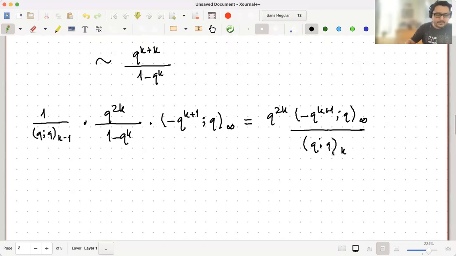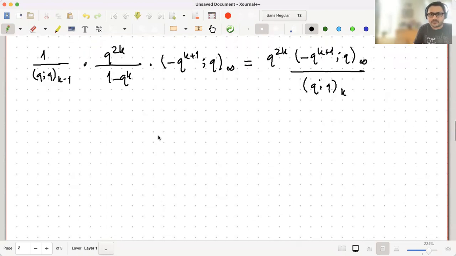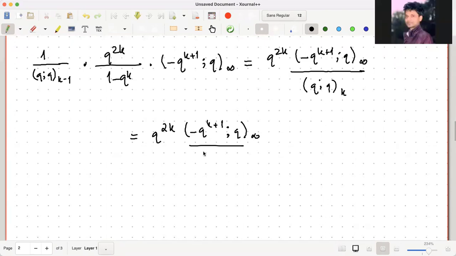q^(2k) (-q^(k+1); q)_infinity divided by (q; q)_k. And now I'm going to simplify this a bit. I'm going to multiply above by (-q; q)_k and divide by (-q; q)_k.